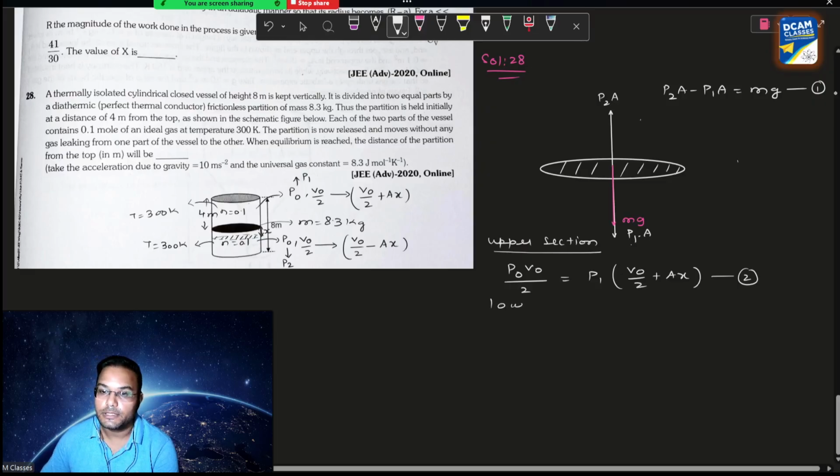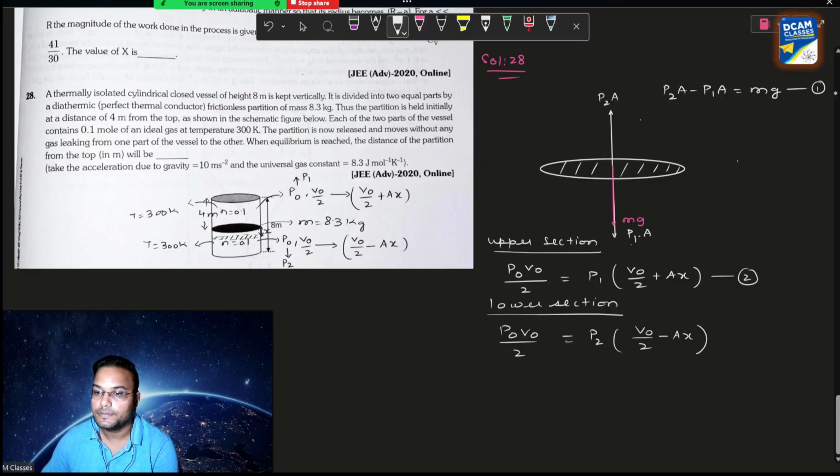For the lower section, P naught into V naught by 2 is equal to P2 into V naught by 2 minus Ax. Now your question is solved actually.